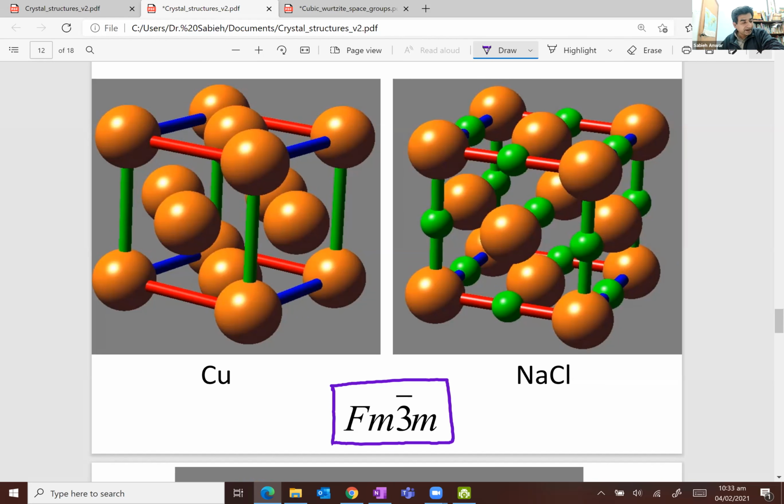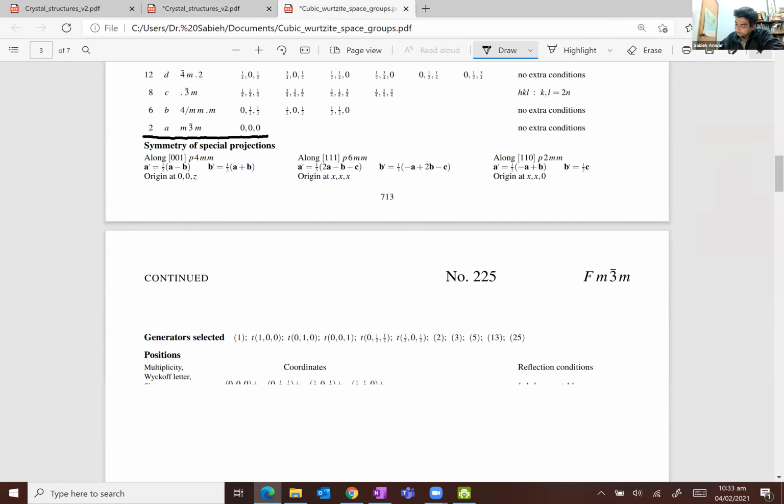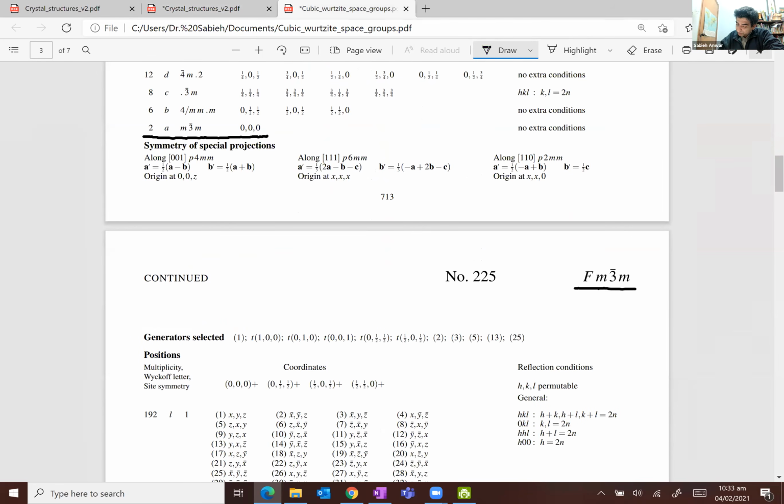Now, if I look at copper, copper is simple. Let me pull up the space group for Fm3̄m. It's space group number 225. There are other pages to these tables belonging to Fm3̄m, but I'm not showing them. They're slightly more complicated.